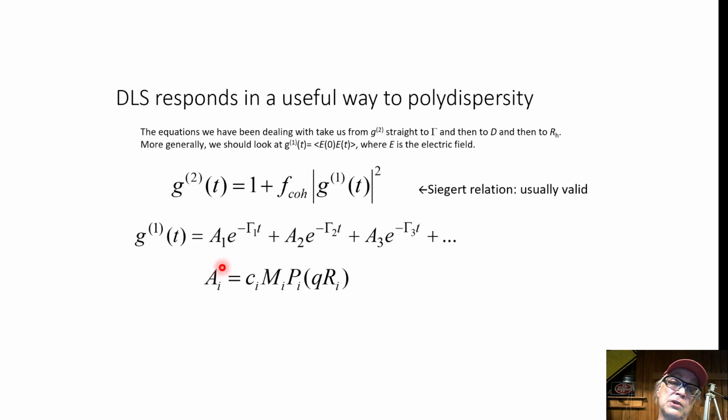Now the amplitudes that go into this G1 are proportional to concentration times mass times the particle form factor, which is a function of the scattering vector and the size of the particle. By the way, this relationship here is a famous relationship. It's called the Siegert relation, and yet again, it's something that could be proved in 6751 class.